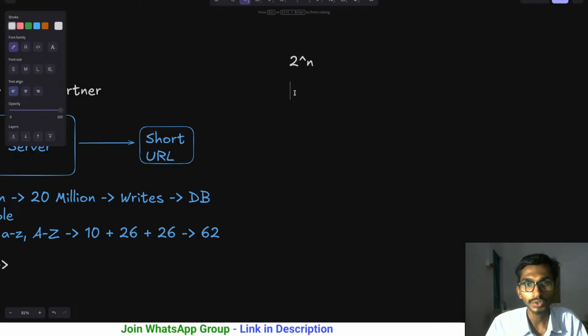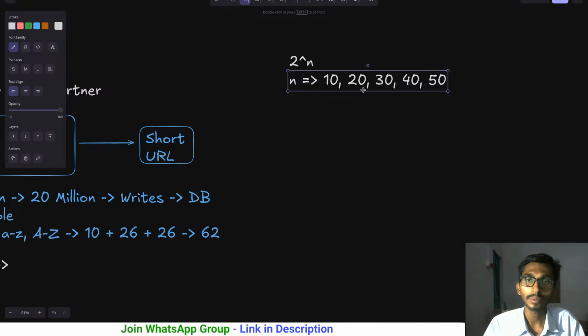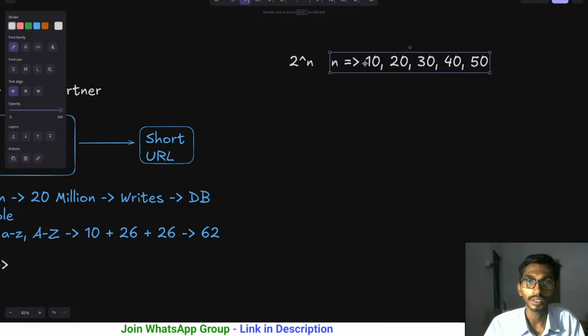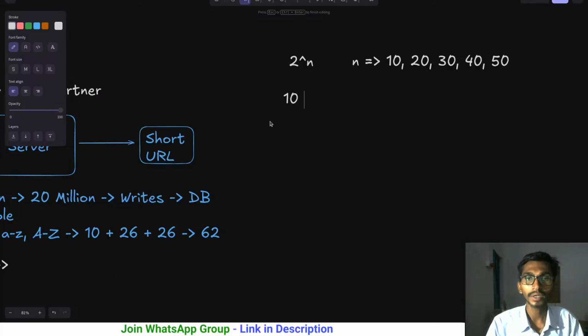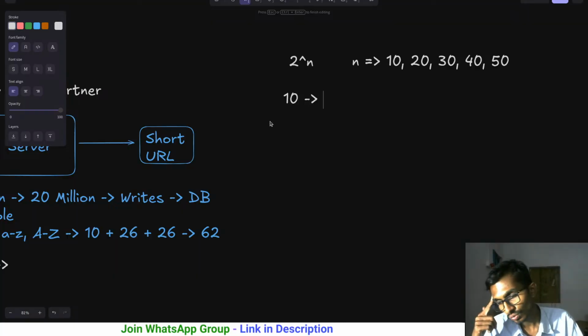And when it comes to this, I'm going to be writing the n over here. So this is where n is going to be mentioned. So 2 to the power 10, 20, 30, 40, 50. Let's name them exactly what they are called. When it comes to 2 to the power 10, that is approximately 1000.